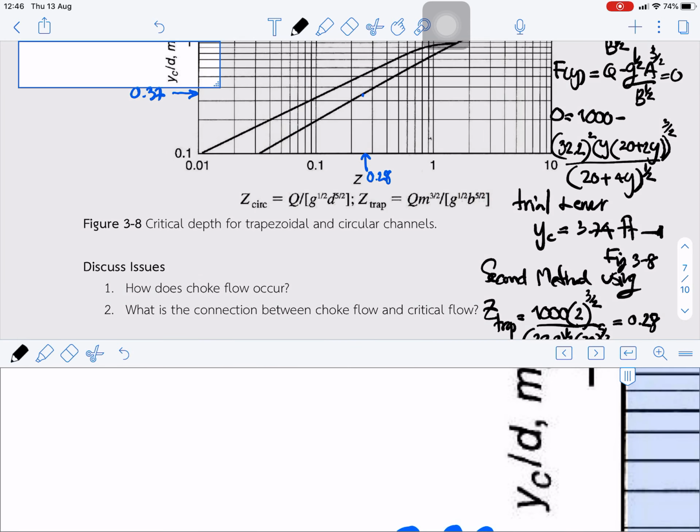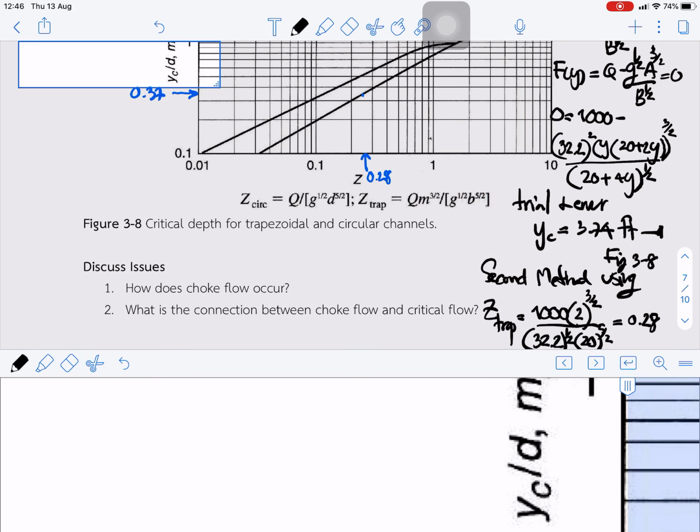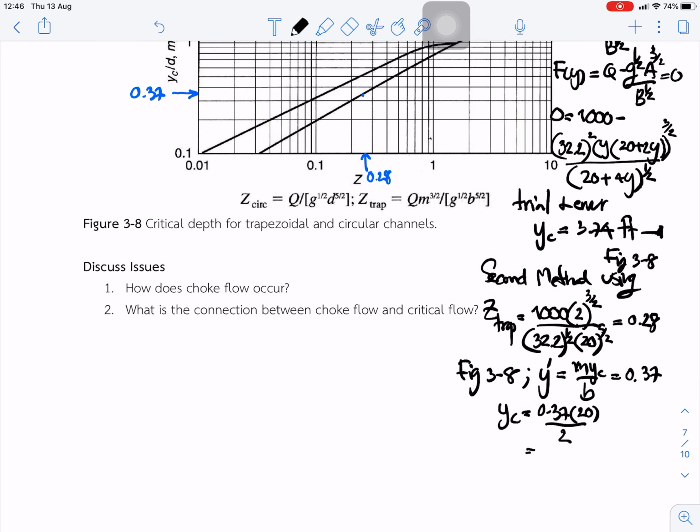Okay, because we got almost the same as the previous method, the first method, 3.7 feet.